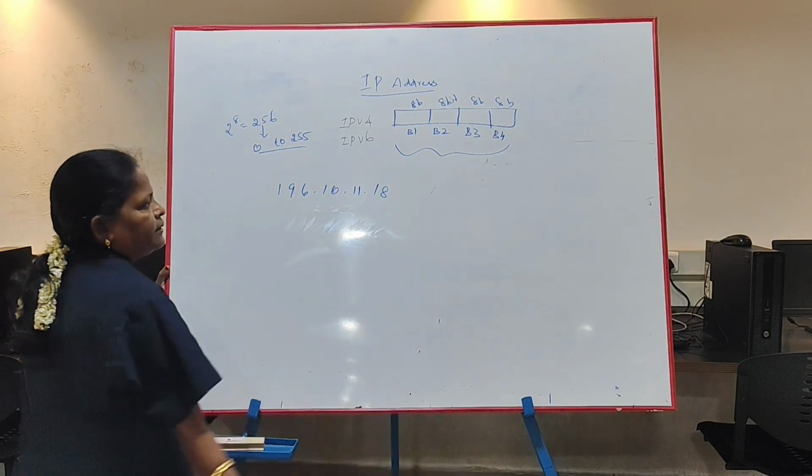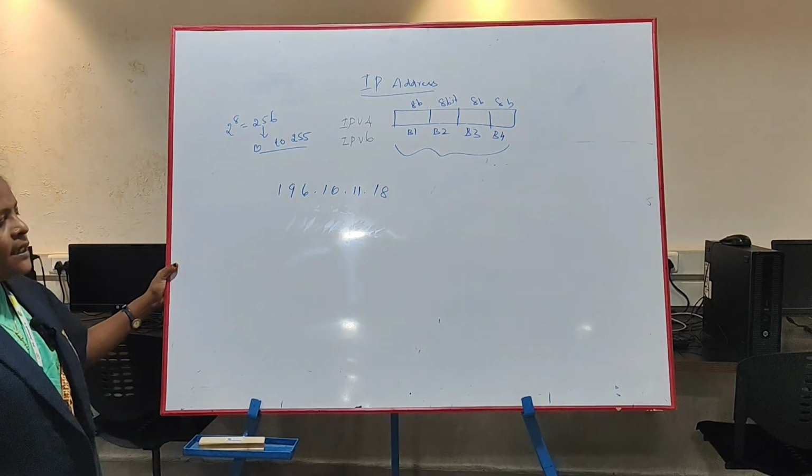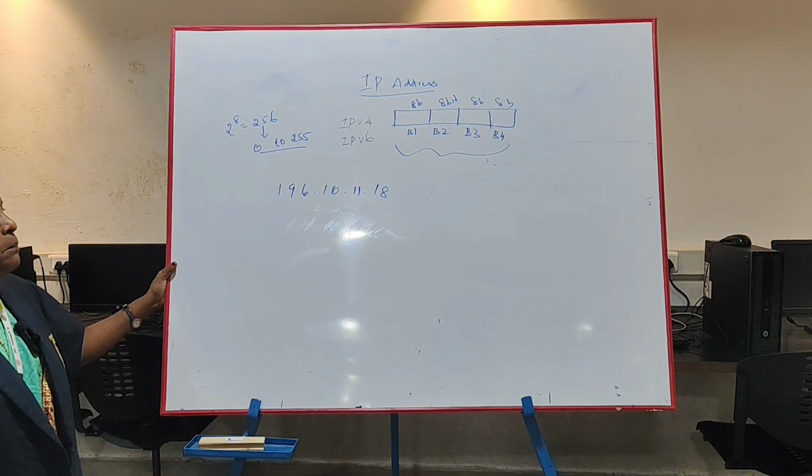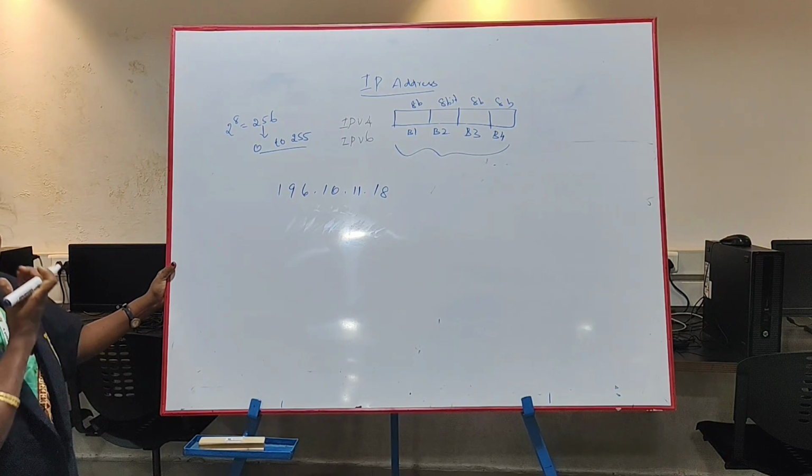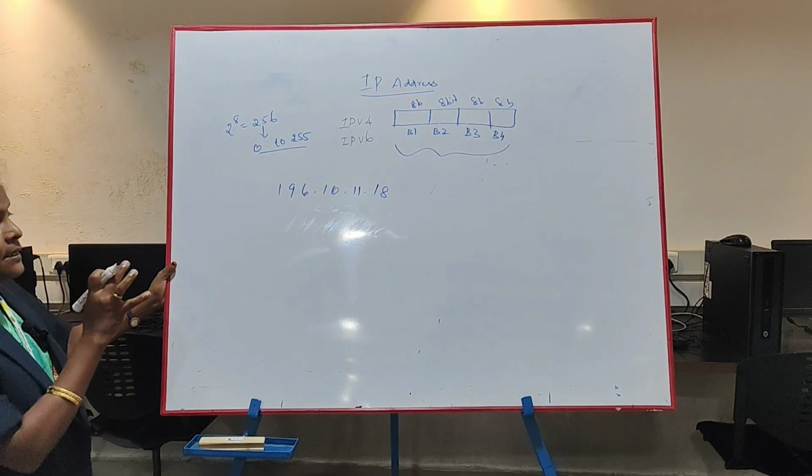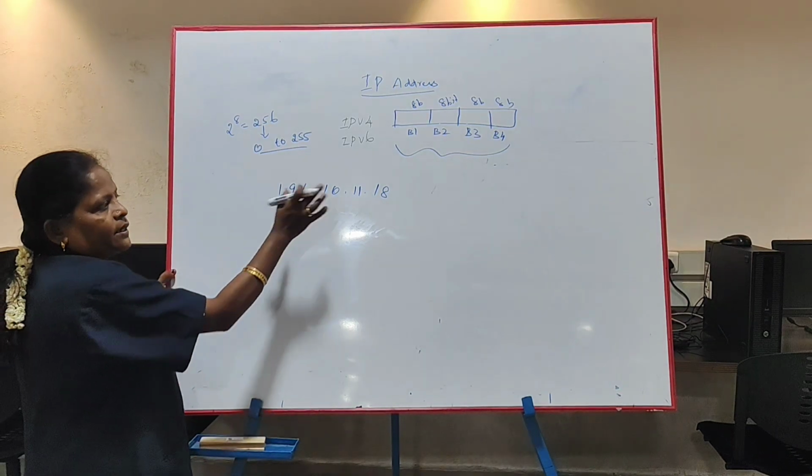Generally, say, for example, 196.10.11.18. How do we identify the network address for the given IP? The IP address is nothing but a collection of network ID as well as host ID.